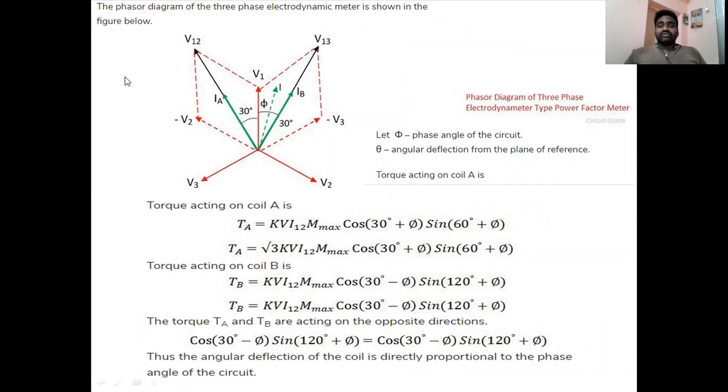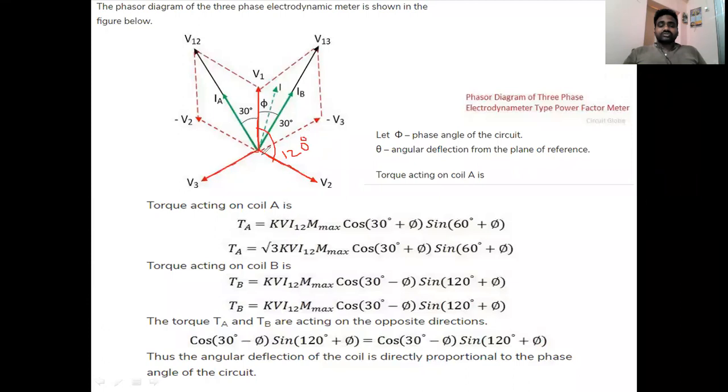Here we see the behavior of V1, V2 and V3, which are displaced 120 degrees apart.